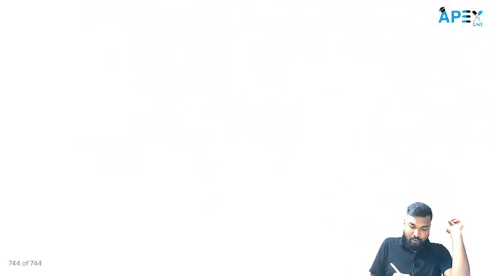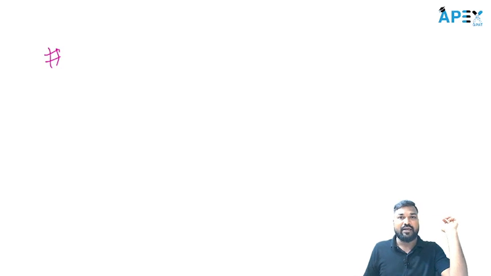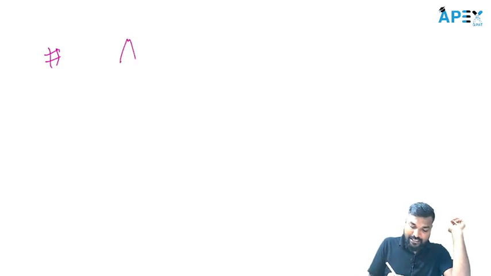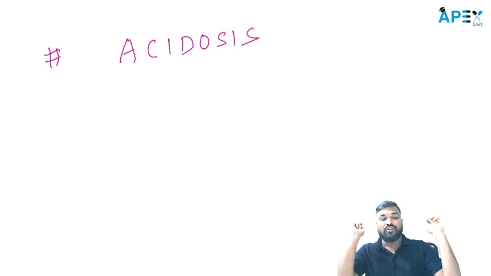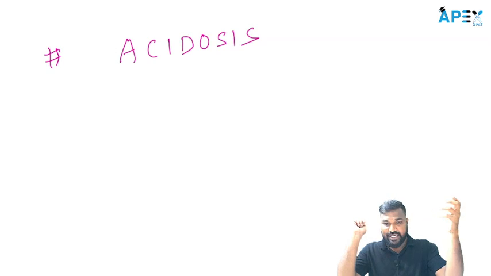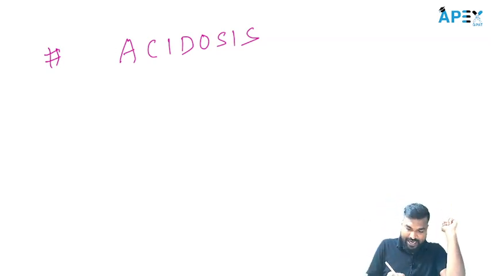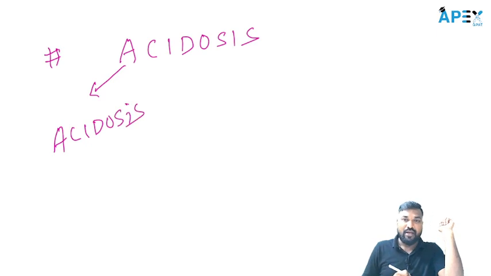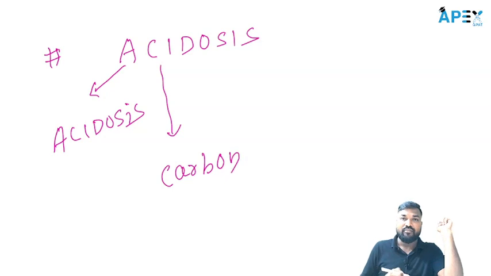Now, another important electrolyte we have to remember for acidosis. Which levels, when increased, cause acidosis? Yes, again it is there. A, acidosis. The C, carbon.